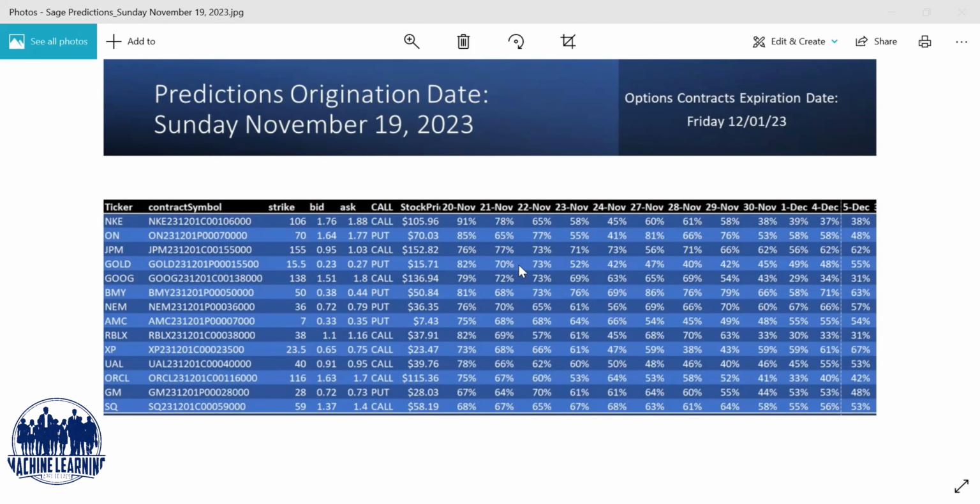Remember, I told you that the precision of the model mattered. And I told you that we only use models with a precision of 75% or higher, meaning that the model gets the predictions correct about 3 times out of 4. Now, having said that, make sure that you use as many of the predictions here, because if you use, say, only Nike, for example, and that happens to be the instance where the model got it wrong, you're not going to do well.